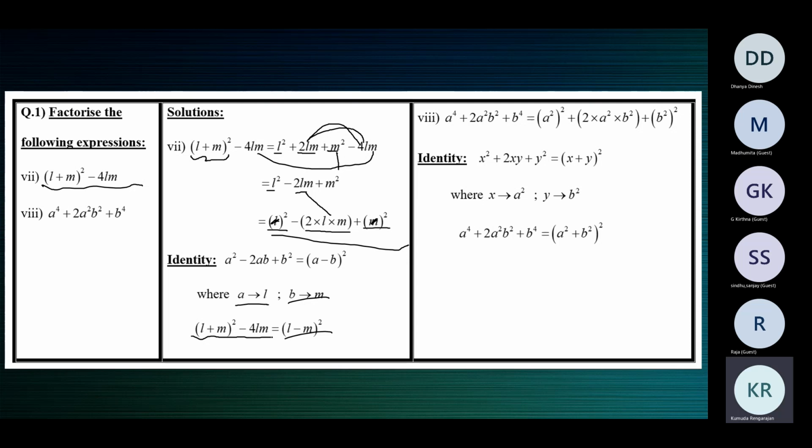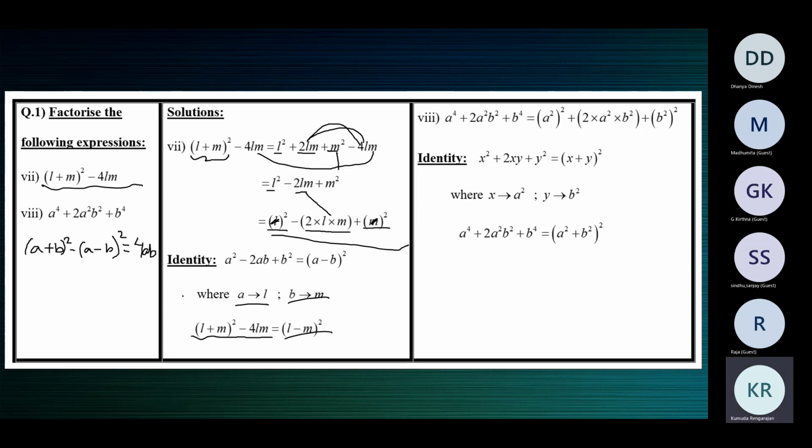So this you will learn as an identity in higher classes. You can make a note of it. The identity is a plus b the whole square minus a minus b the whole square is equal to 4ab.